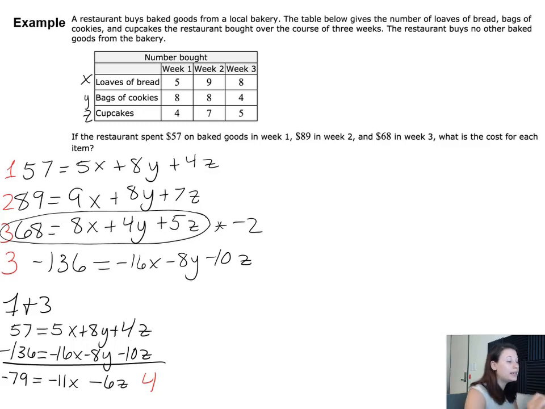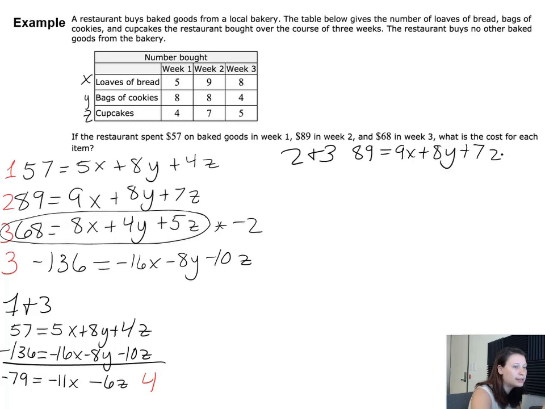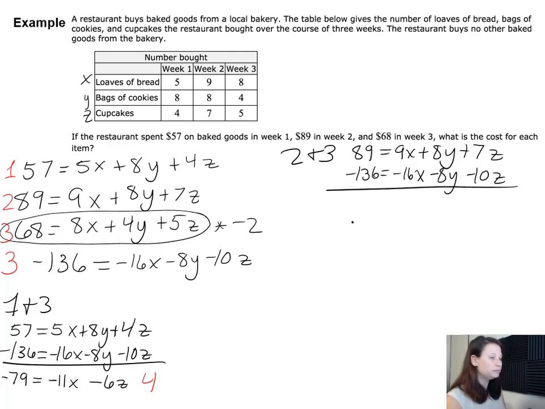So then, next we want to take 2 and 3 together, right? Equation 2 is 89 equals 9x plus 8y plus 7z, and -136 is equal to -16x minus 8y minus 10z, and add together.